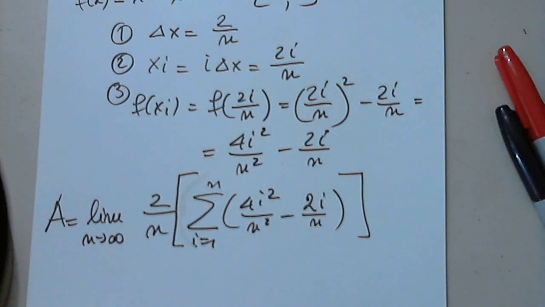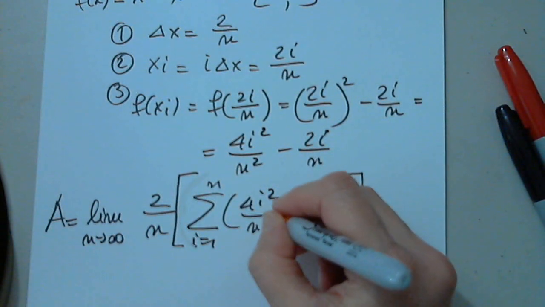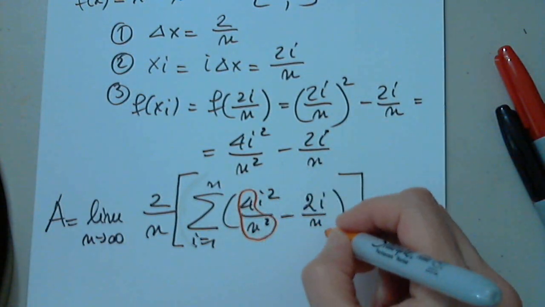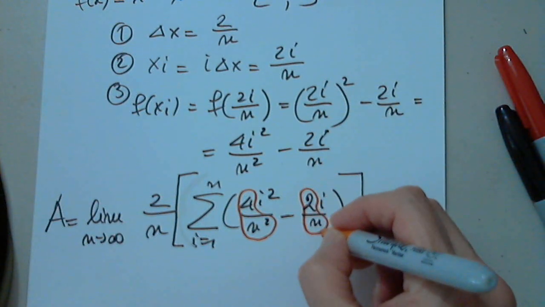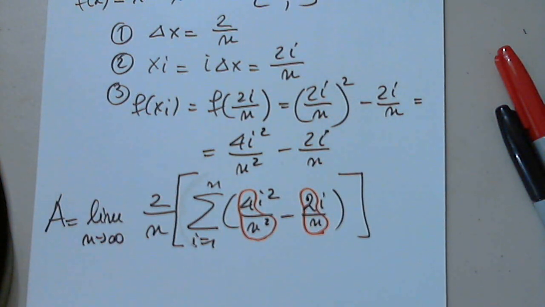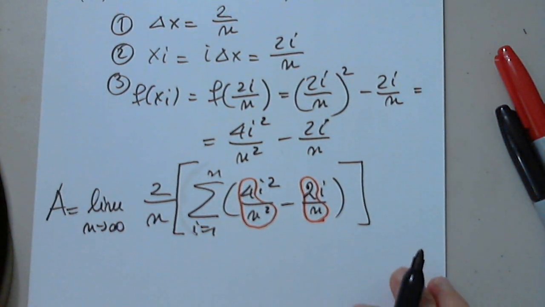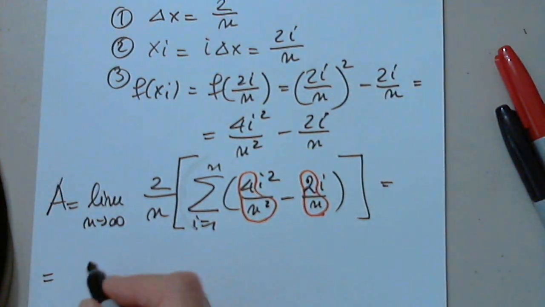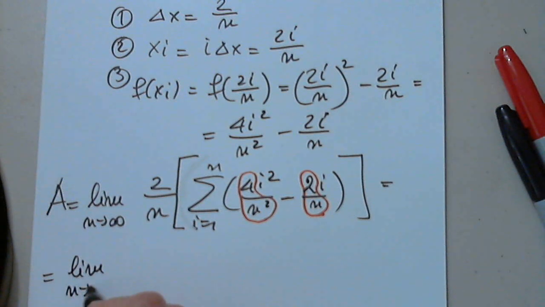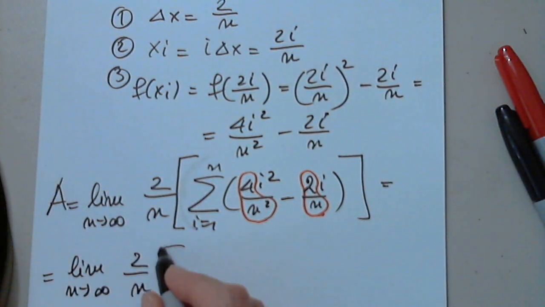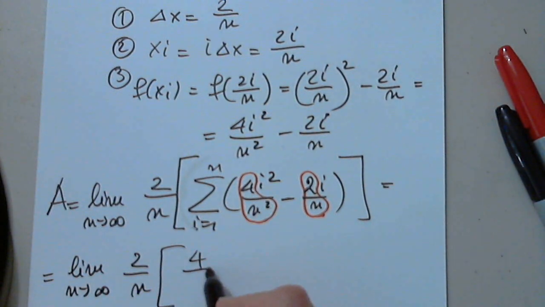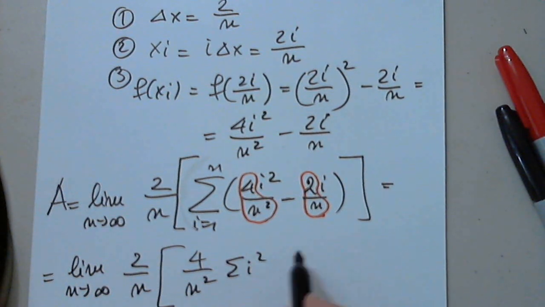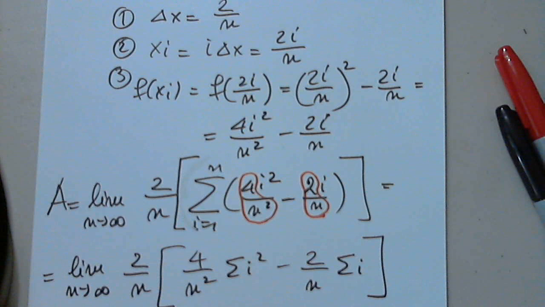But I already realized, and I'm thinking ahead, that this is a constant. And this is a constant as a factor. So it will go outside. Because this is so much writing, I'm going to try and reduce that if I can a little bit. So 4 over n squared, the sum of i squared, minus 2 over n, the sum of i.